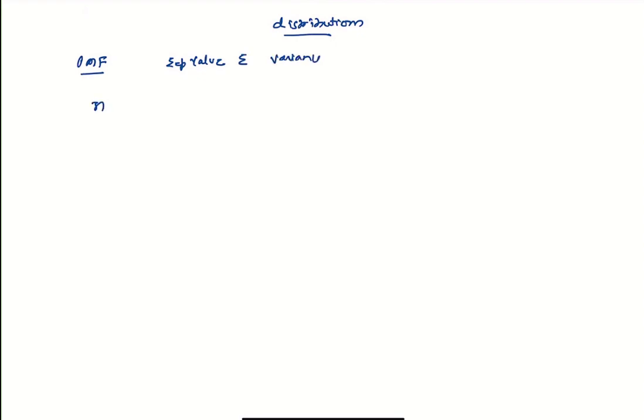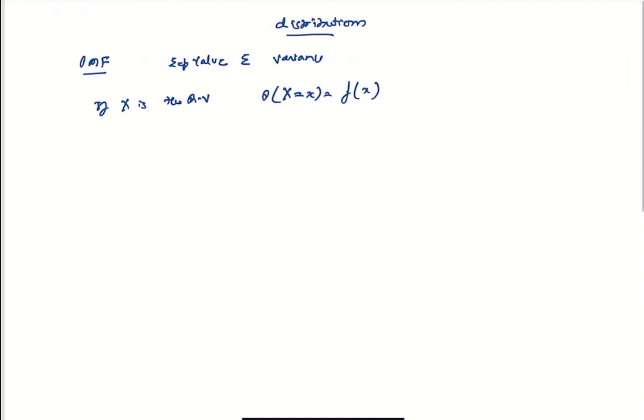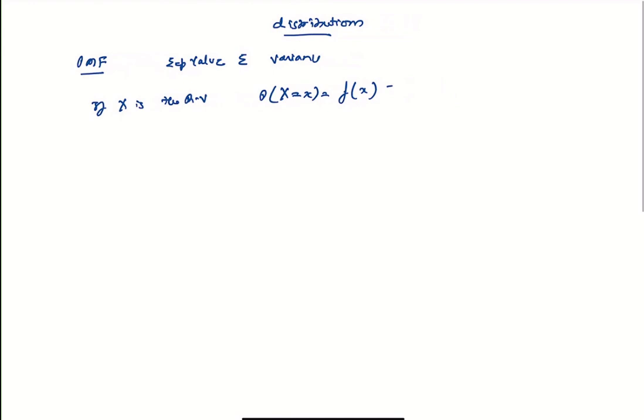If x is the random variable, then probability of x equal to little x is a function of x, which is nothing but the probability mass function.